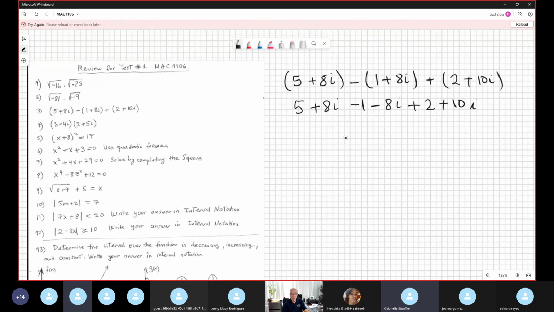And we combine real. 5 minus 1 is 4, positive, plus 2 is 6. Imaginary. Well, this imaginary is cancelled out because positive 8i and negative 8i, and the answer is 10. Final answer.